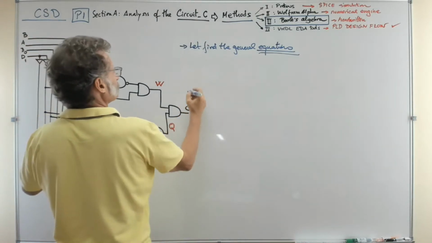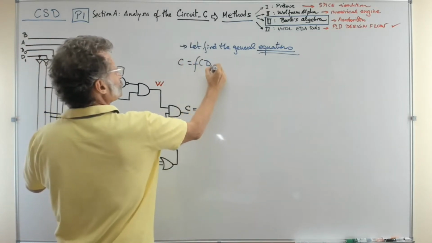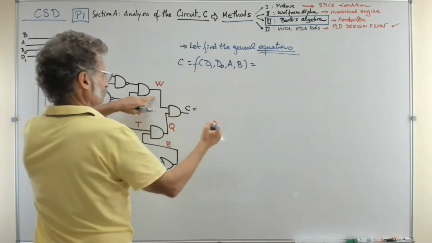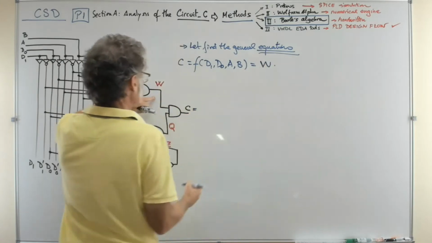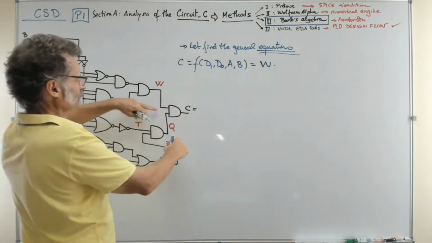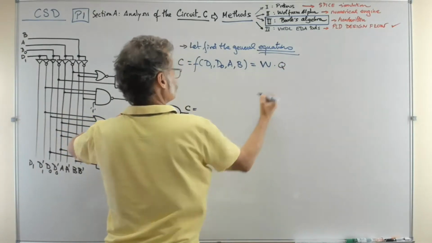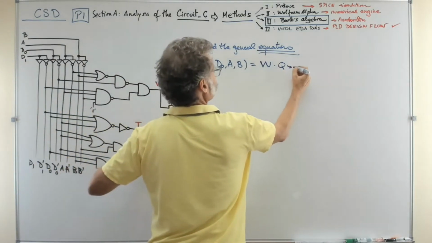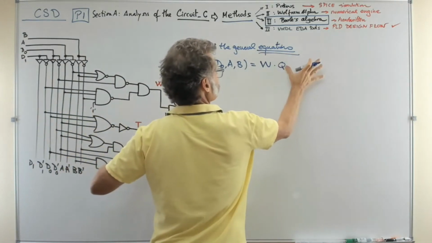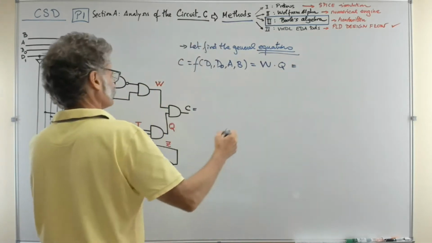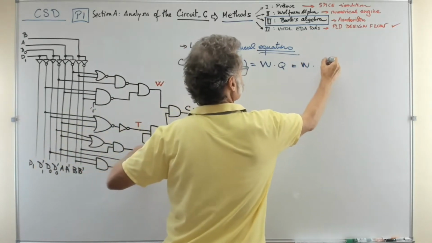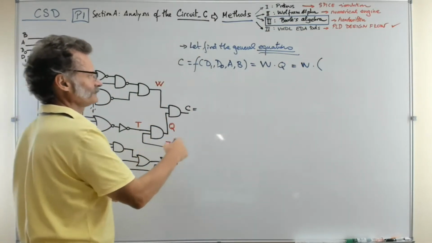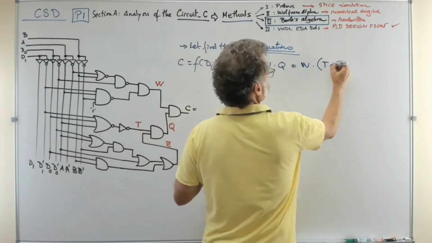So the C is going to be a function of D1, D0, A and B, and it's going to be, easily, W and Q. And at the same time, this Q is yet another AND, so you can write very well here W and now this gate here, T and Z. That way.